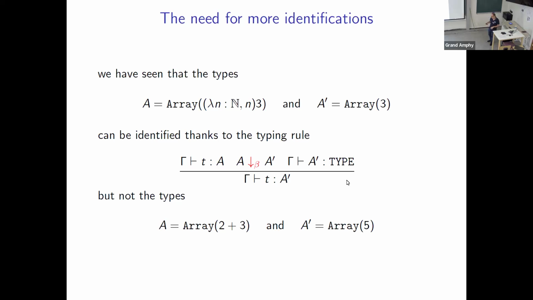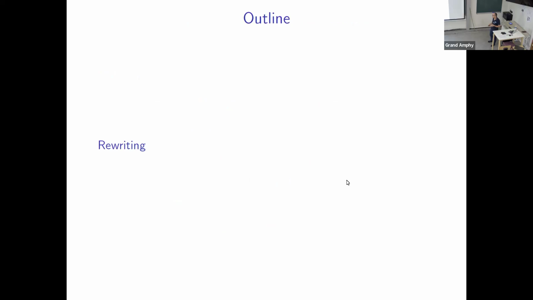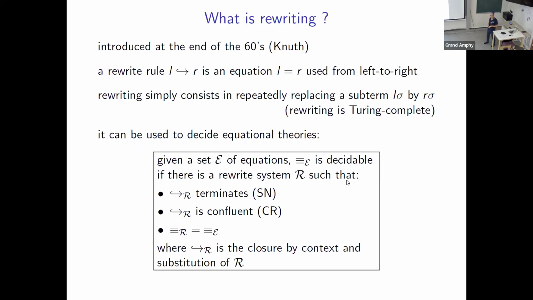And so this is where it may be useful to introduce more reduction than just beta reduction. This is the goal of adding rewriting: to be able to identify more types using rewriting. So I'm going to give you a very brief introduction to rewriting if you are not familiar with it.